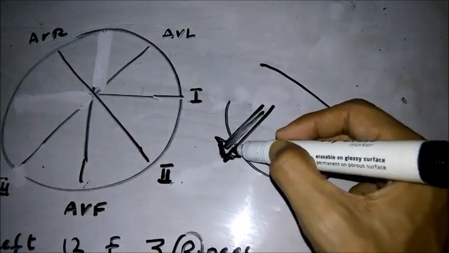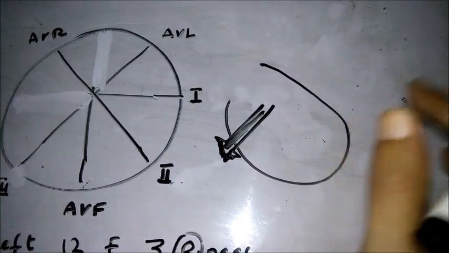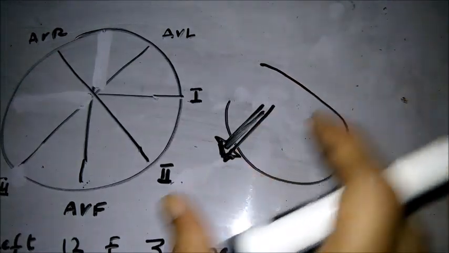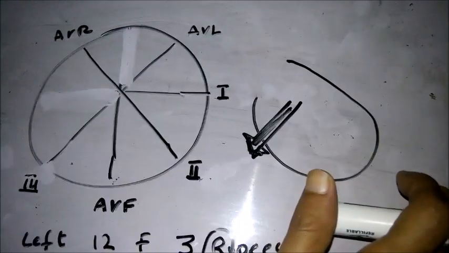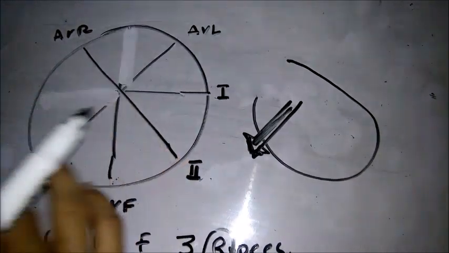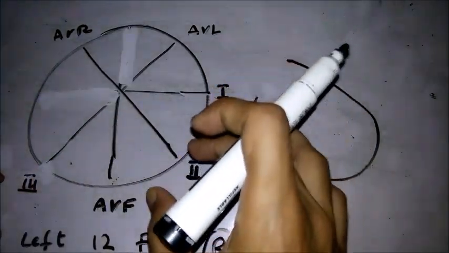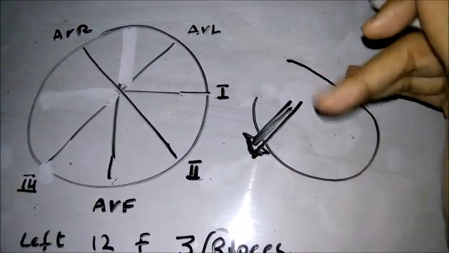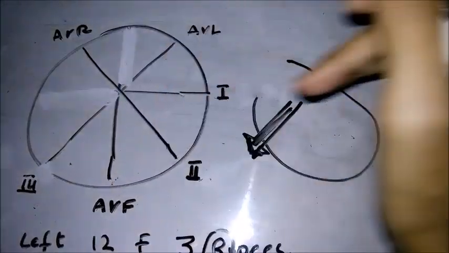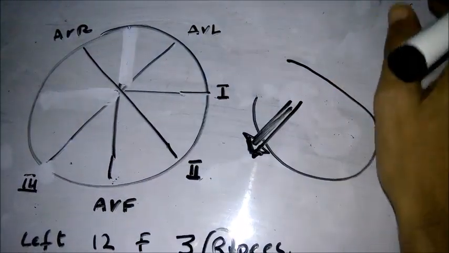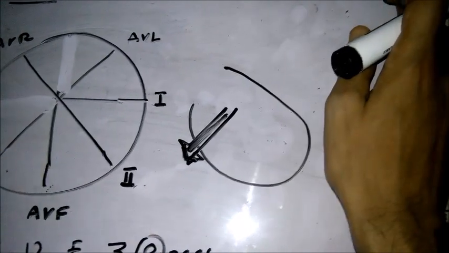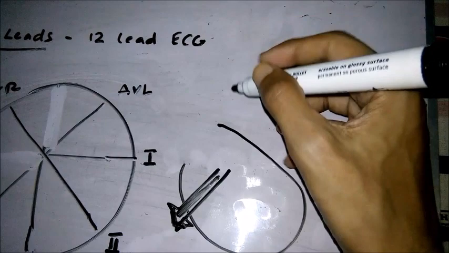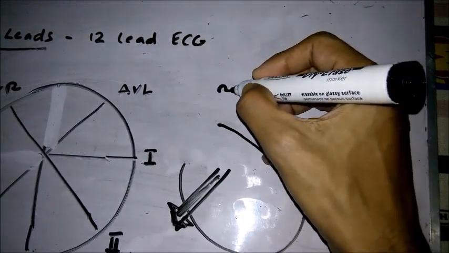And if it changes to this other side, the way you can tell whether the electrical activity has changed is that you will see a greater electrical activity in these leads, and comparatively less electrical activity in these leads. So the leads in which the electrical activity is going towards will show a greater deflection.